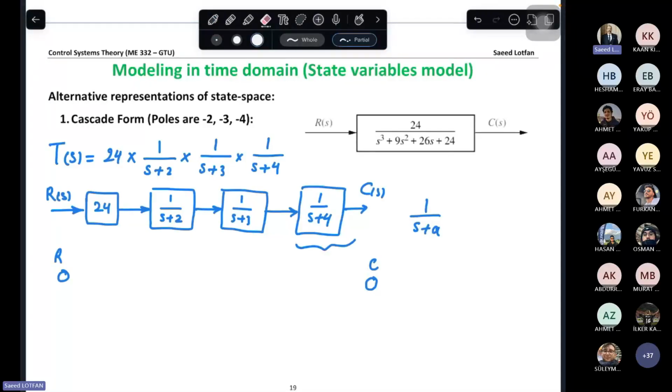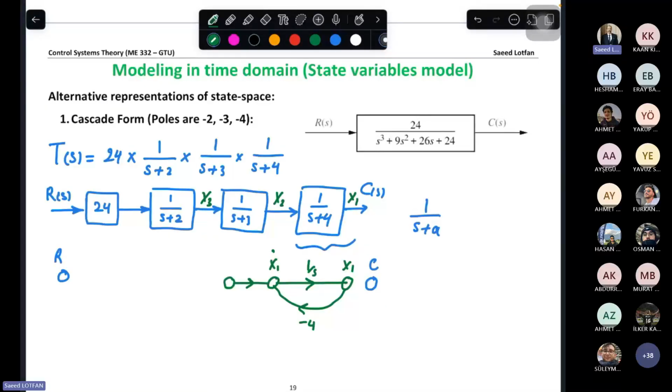So, if I want to draw the signal flow graph, I say that this part is x1, this signal is x2, and this is x3. x1 can be shown as 1 over S, x dot 1, and minus 4. Then it's multiplied by 1 over S, minus 3; this is x2, x dot 2.